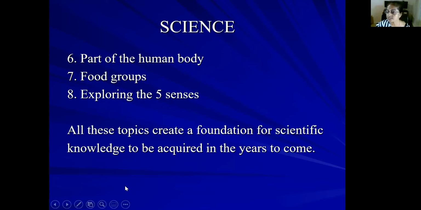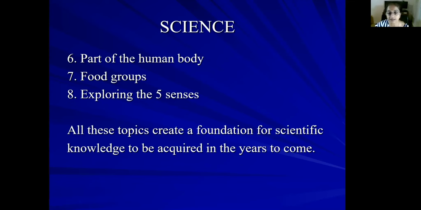Now, we don't display all this work at the same time. Every month we bring in new work, so the child slowly does the progression. And all these topics create a foundation for the science. So they'll be given the beginning initial lessons on all these things.